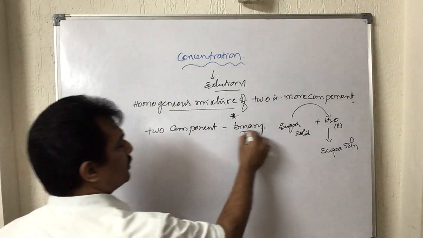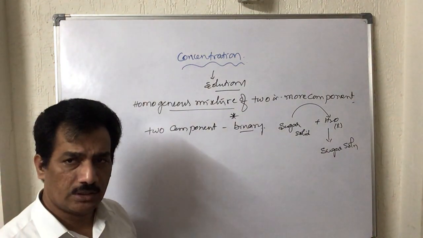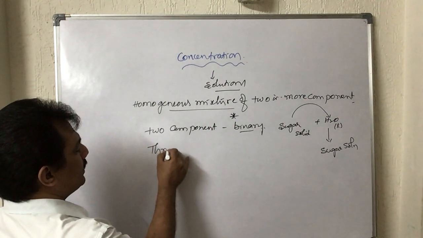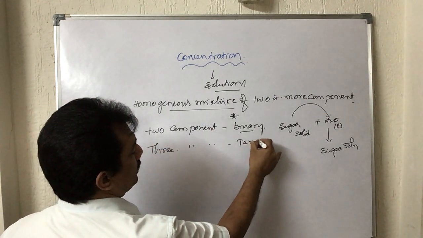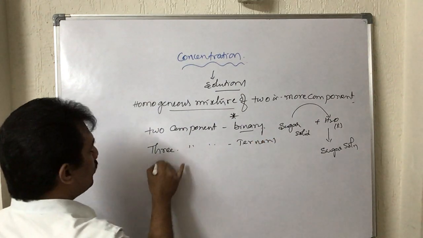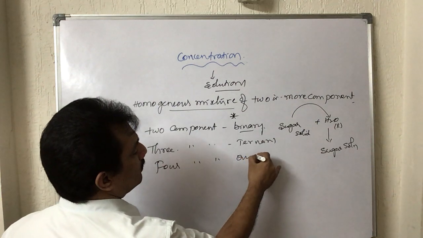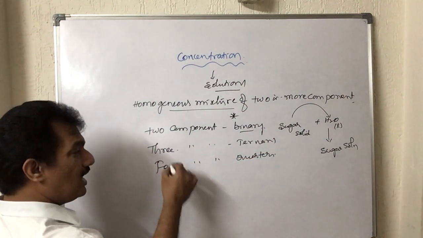So a sugar solution is a binary solution because only two components are present. Next, when three components are present, it is a ternary solution. And when four components are present, it is a quaternary solution. Clear? And so on.